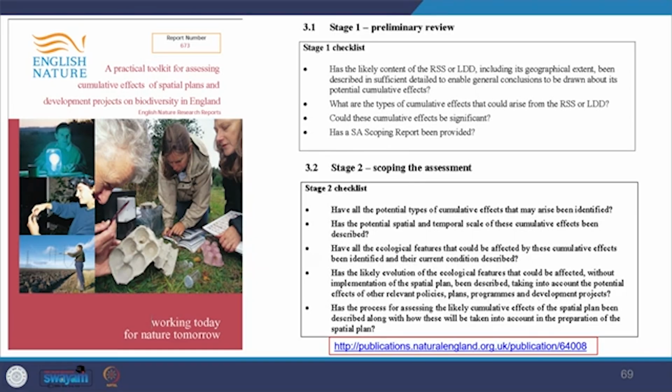All the range of guidelines we were seeing, all the sectoral guidelines, everyone was defining cumulative effects. So conceptually it might be the same, but it might be very specific as per the different sectors. So you need to define cumulative effects when you're dealing with it, and also define the temporal and spatial limit.